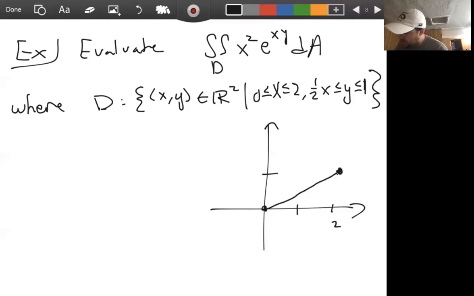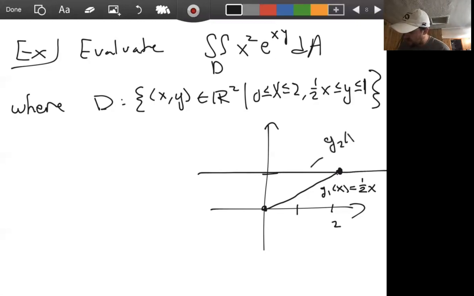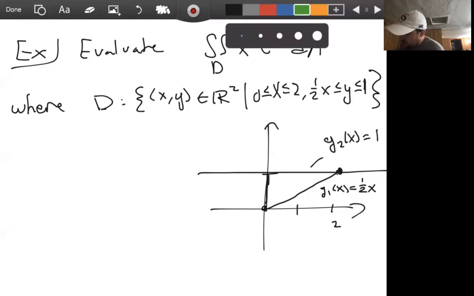This is our bottom bound, g1 of x equals 1/2 x. Then our top bound is the line y equals 1, which is constant. This is still a function, g2 of x equals 1. And then we're bounded by 0 and 2. And so we know our region D is this right triangle here.